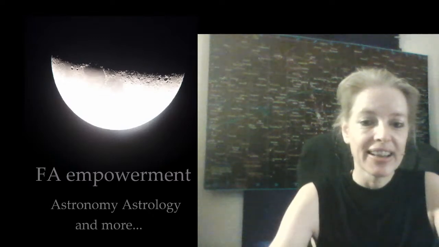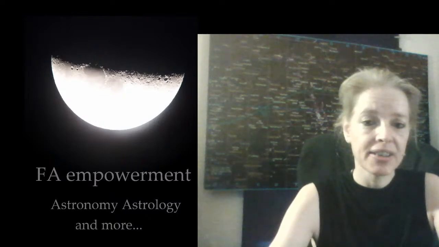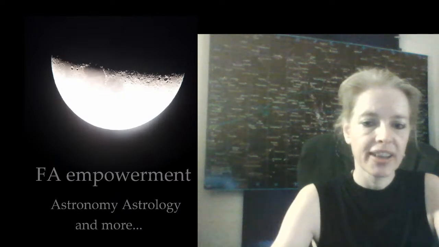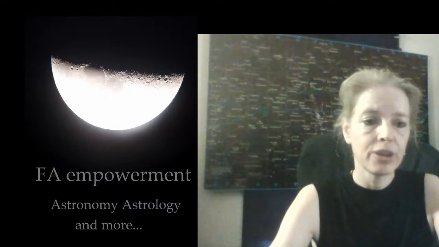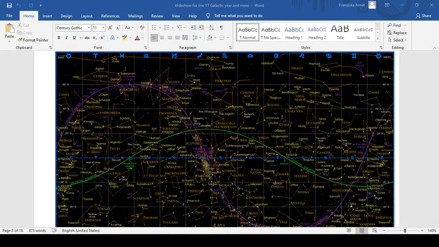So now we jump right into it with that map that Nick Anthony Fiorenza made. Here it is. As you can see, we have the ecliptic, we have the celestial equator, and here in purple the galactic equator.